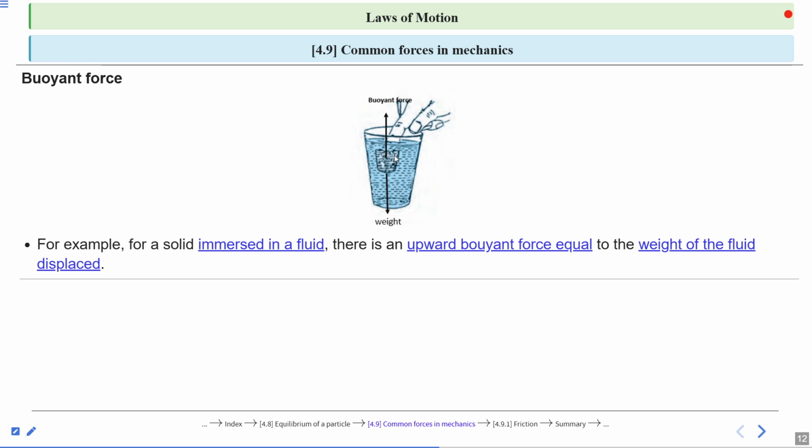This happens because fluid pressure increases with depth, and the bottom of the object is deeper in the fluid than the top. So the bottom experiences more pressure than the top, and the difference in pressure gives a net upward force, which is the buoyant force.